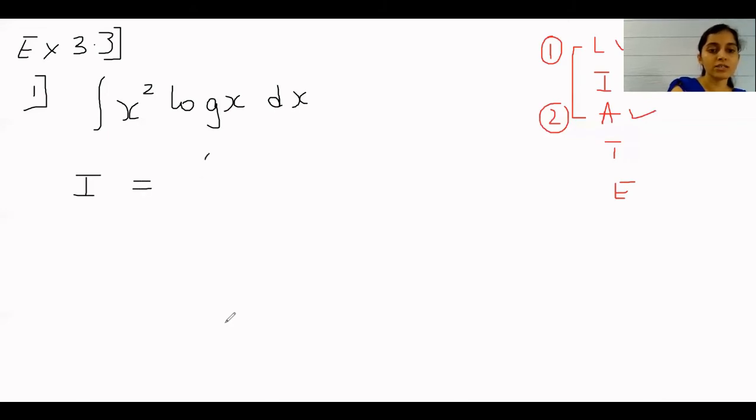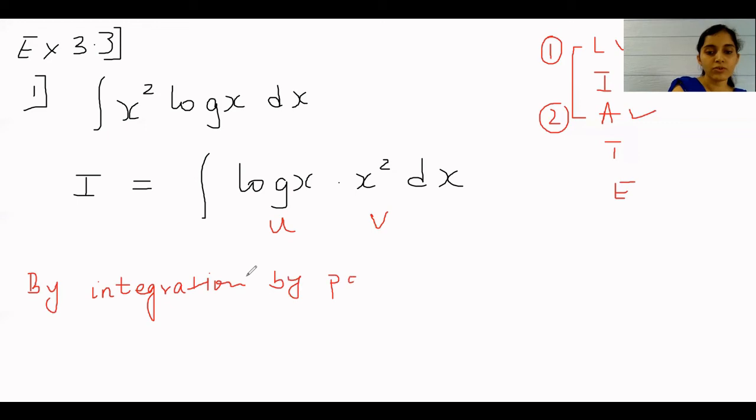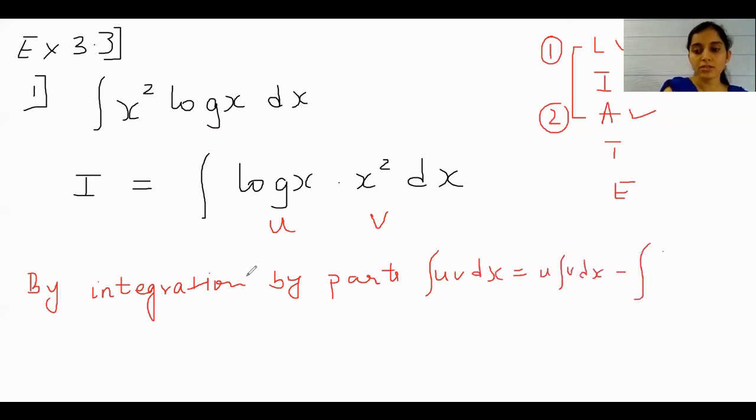So we'll say therefore I is equal to integration log of x into x square dx. Okay, and then we call the first function as u and the second function as v, and then solve by integration by parts. So by integration by parts, what do we know the formula as? Integral uv dx is equal to u integral v dx, minus integration of d by dx of u integration v dx, the whole thing multiplied by dx.